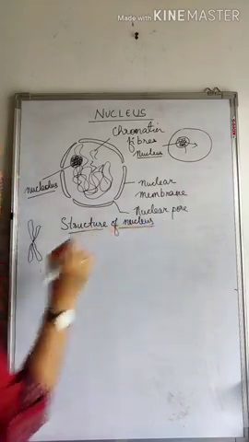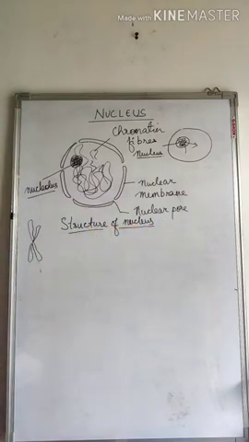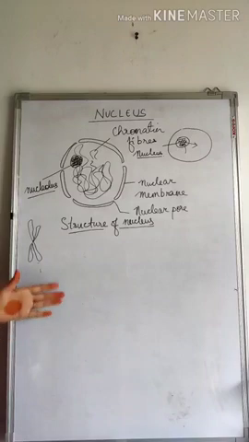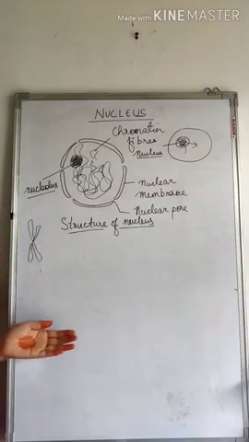Okay. Now let's discuss the function of this chromosomes, or let's say the chromatin fibers. Okay, chromosomes contain information for inheritance of characters from the parents to the next generation. For example, you must have the eyes of your mother.